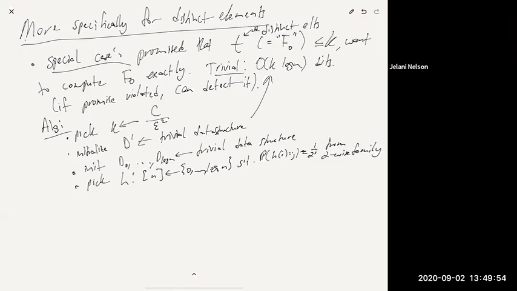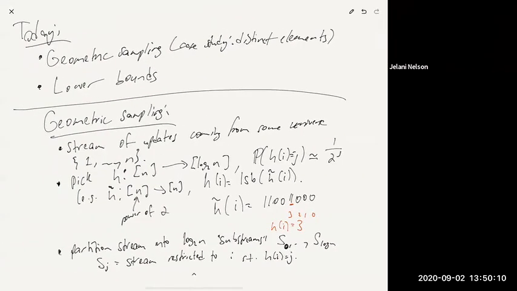But what I really mean here is, as I said, h is just the least significant bit of h tilde. And h tilde is a uniform random hash function. So h tilde should be drawn from a two-wise independent family, where h tilde is this thing that I said here.